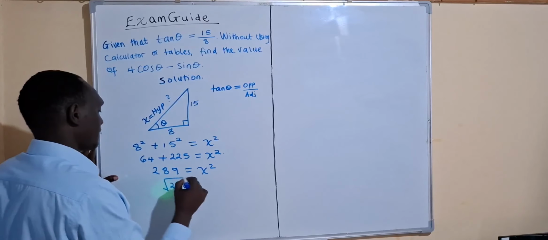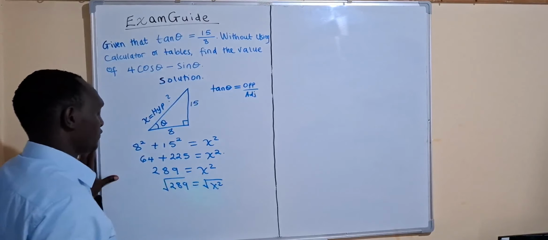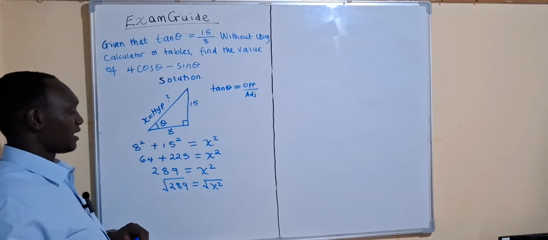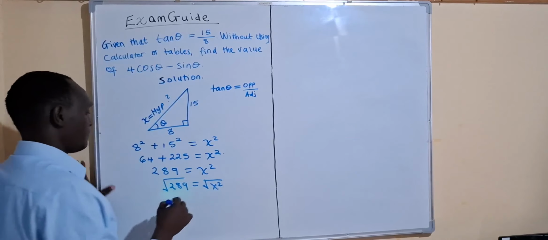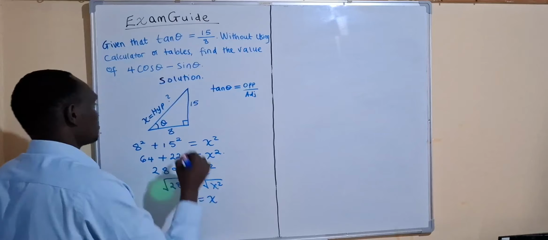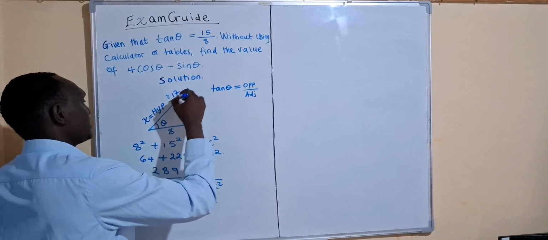What is the square root of 289? Using the calculator, the root of 289 gives 17, so x equals 17. Our hypotenuse here is 17.